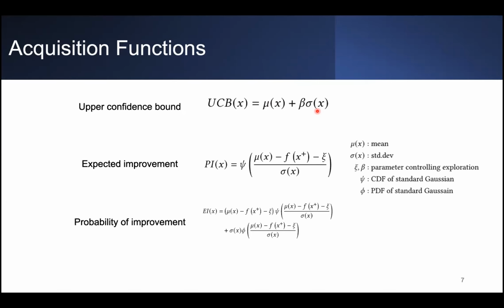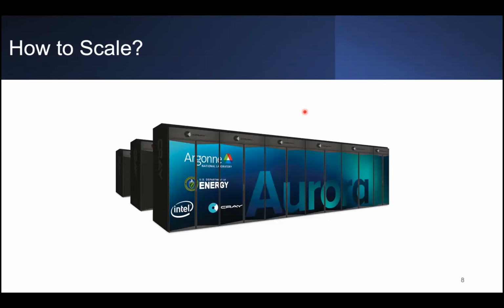You don't want to always do one or the other; you want to do a bit of both and balance the two. That balance is given by the user-defined parameter beta. By using this UCB function, Bayesian optimization balances the trade-off between exploration and exploitation. And the point is, Bayesian optimization is not a new idea, and you can in fact find many different packages to do that.